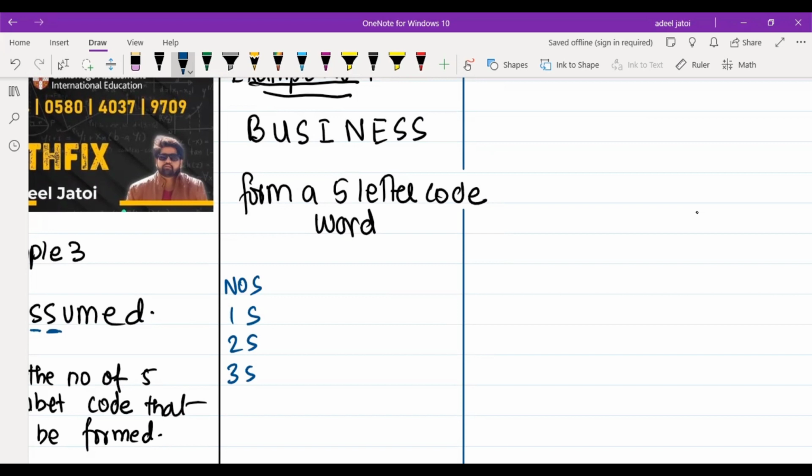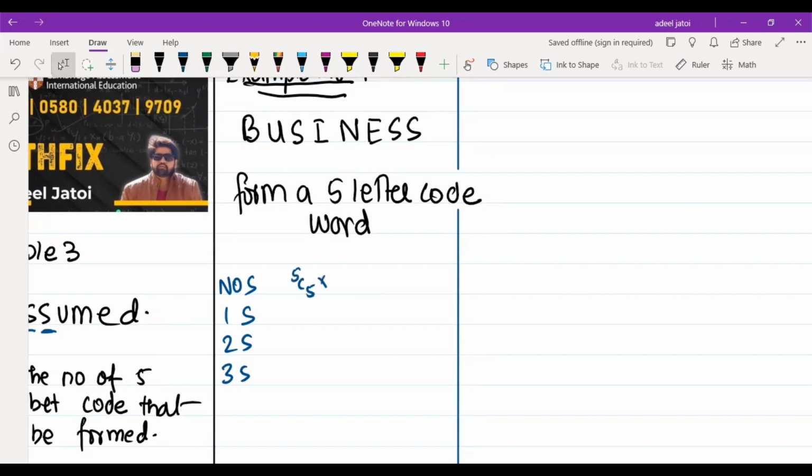Out of 5, we will have 5C5 into 5 factorial. Then here we can have 5C4 into 5 factorial. Here we will have 5C3 into 5 factorial upon 2 factorial. Here we will have 5C2 into 5 factorial upon 3 factorial.